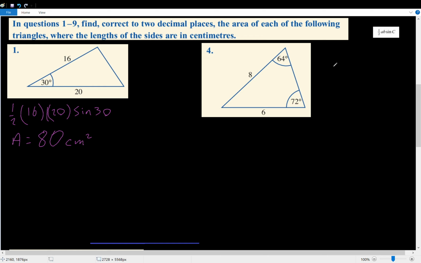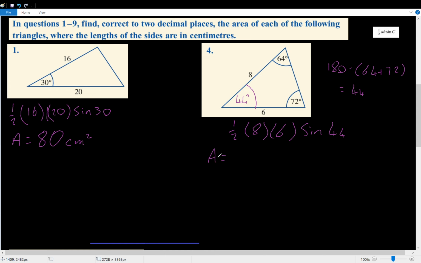Which means our missing angle down here is going to be 180 minus (64 plus 72). In this case, it's going to be equal to 44. So over here, this is 44 degrees. And now we can put that into our formula. So it's going to be 1/2 times 8 times 6 multiplied by the sine of 44.